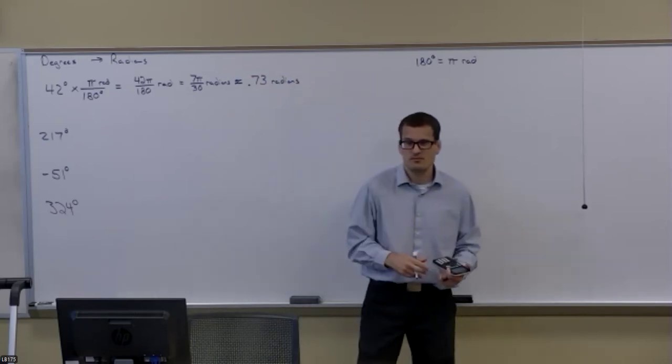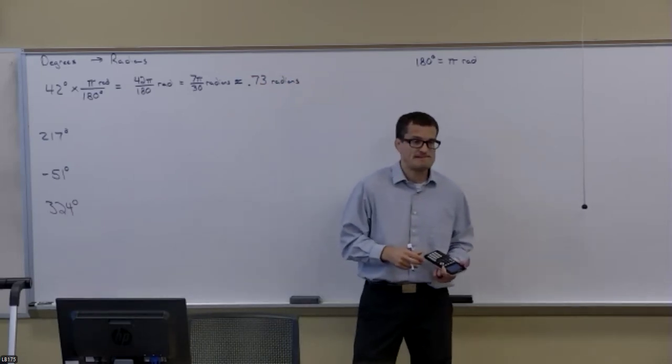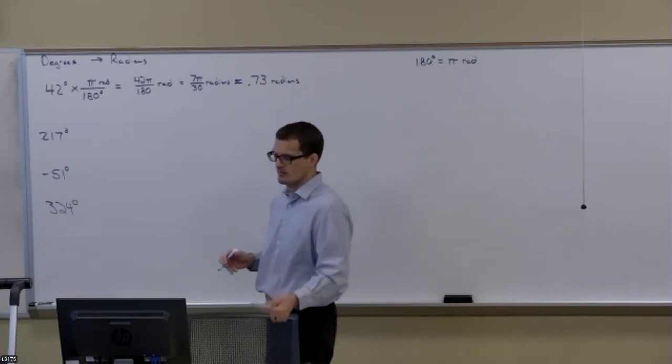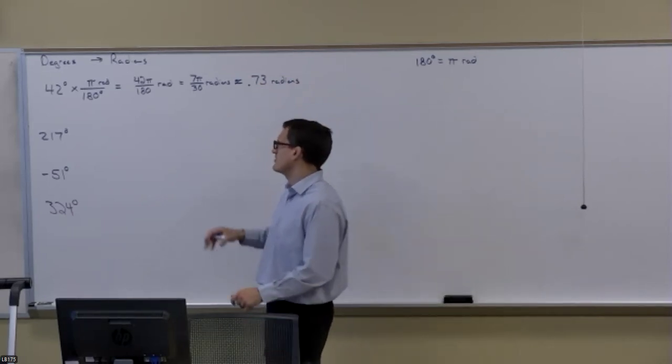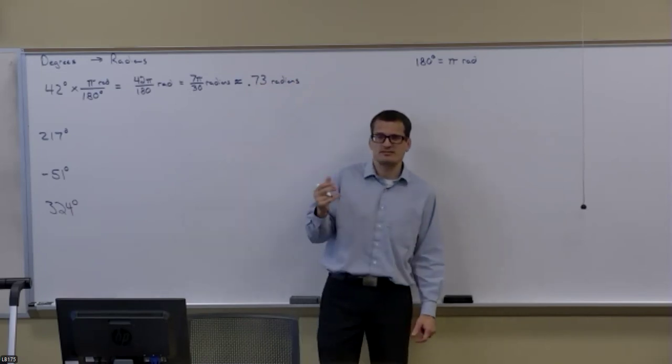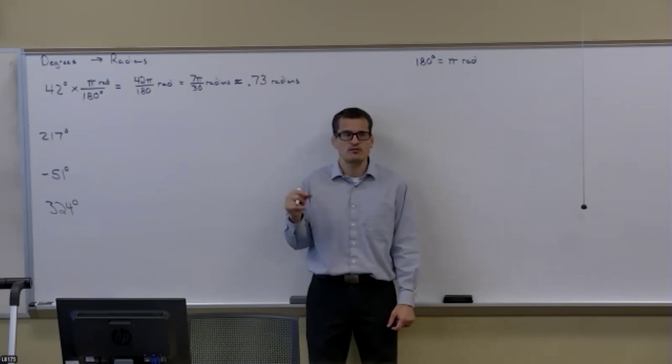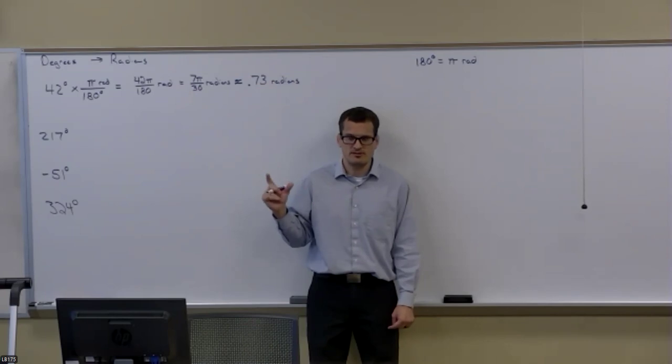That makes sense? Have you converted like that? Multiplied by a fraction of 1. If I want to convert from degrees to radians, degrees on top and bottom cancel each other out. Radians are left behind.